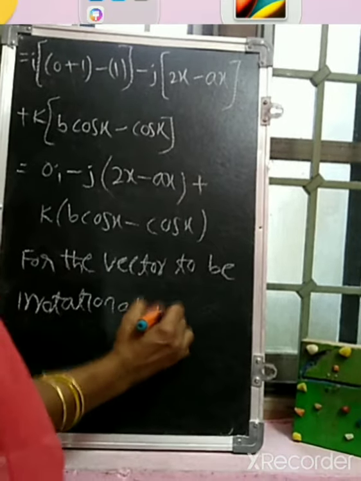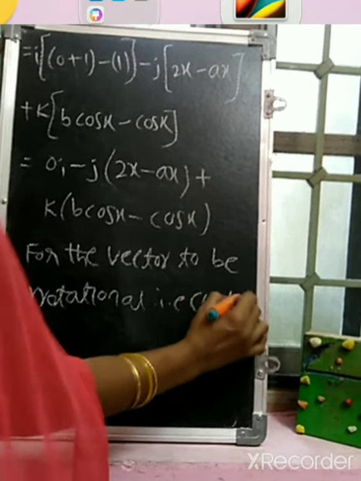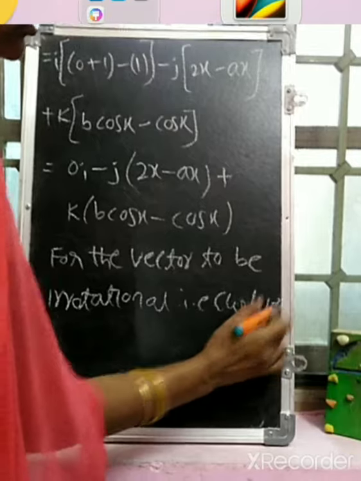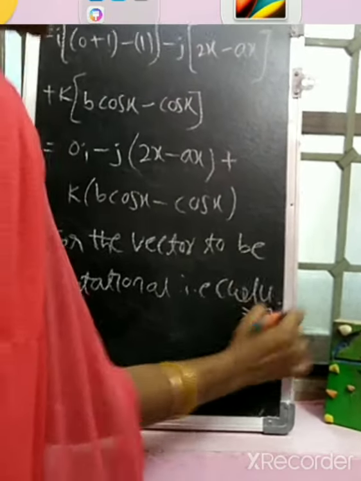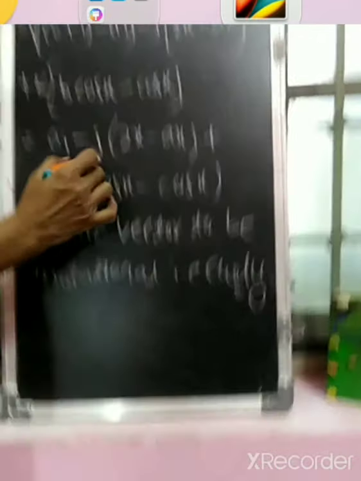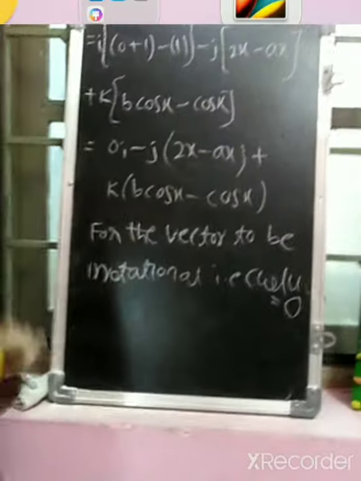So that is curl u is equal to 0. We can take this value equal to 0 and get the values.